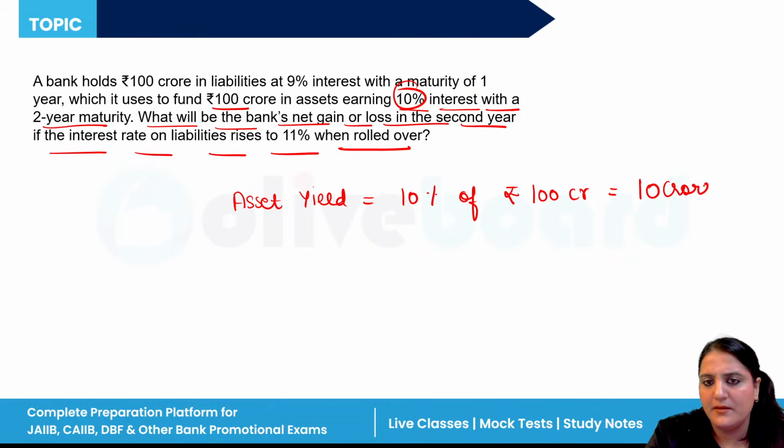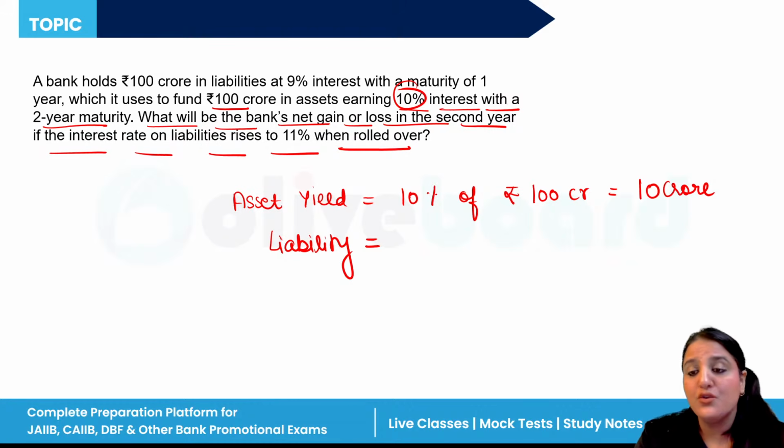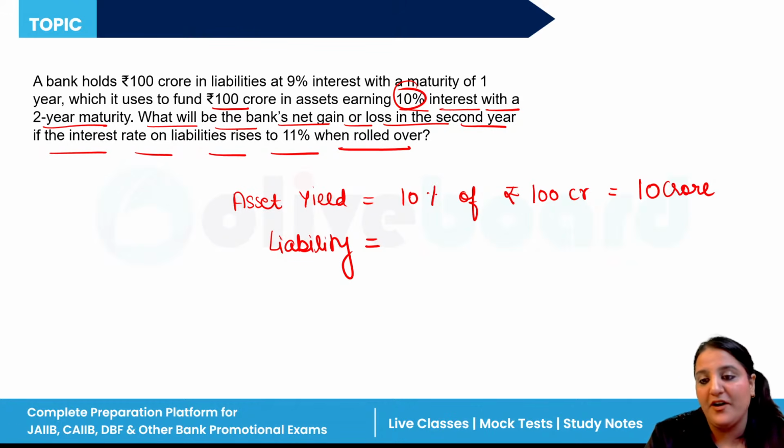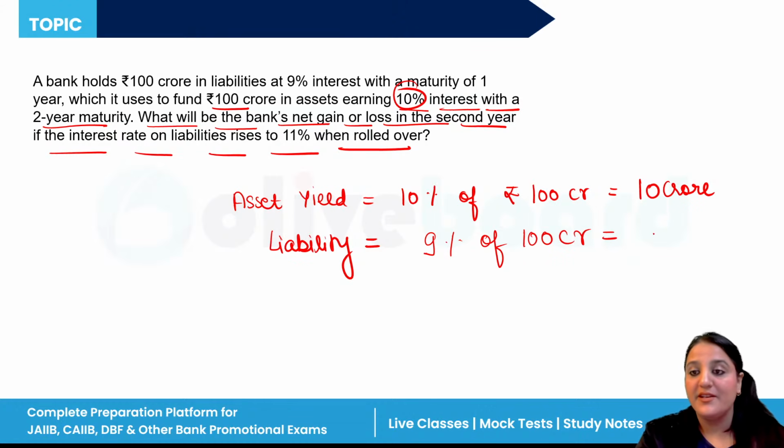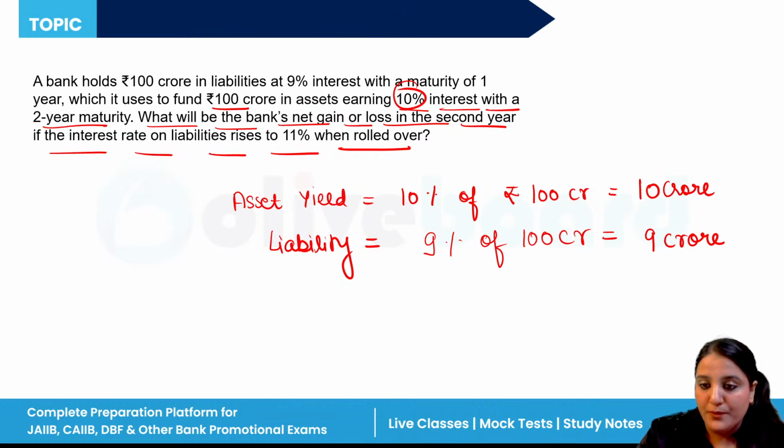And the liability is also 9% of 100 crore, that is equal to 9 crore, right? Now come to the year 2. This is for year 1.